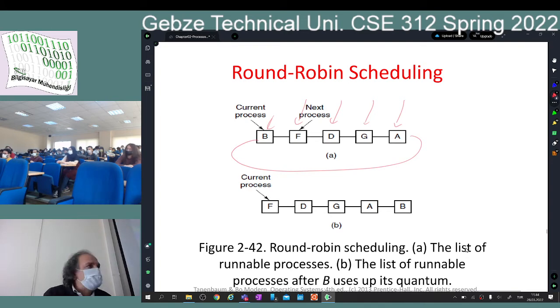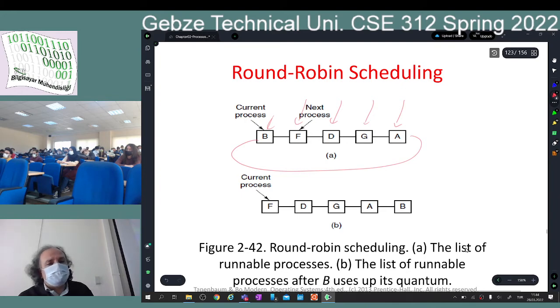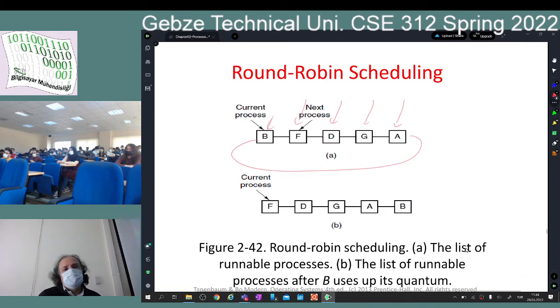With interactive systems, multitasking systems, context switching is done automatically by the computer and the operating system. And this is what happens: when B is blocked, it doesn't mean that it is terminated, it is just blocked. So we put it in a blocked list. Whenever it is ready, it will be put at the end of the ready to run list. This is called round robin scheduling. As I said before, it could be either preemptive or non-preemptive.